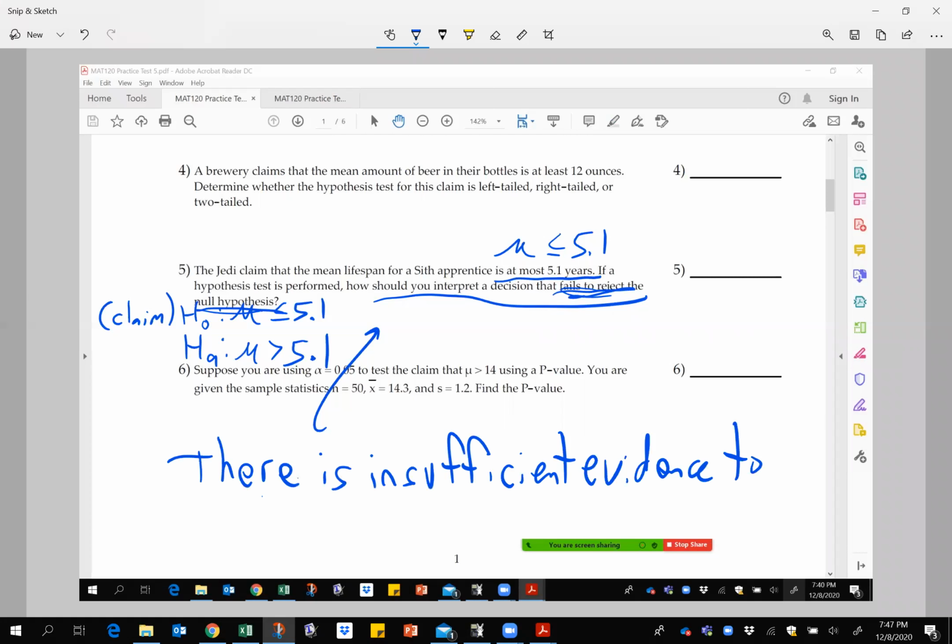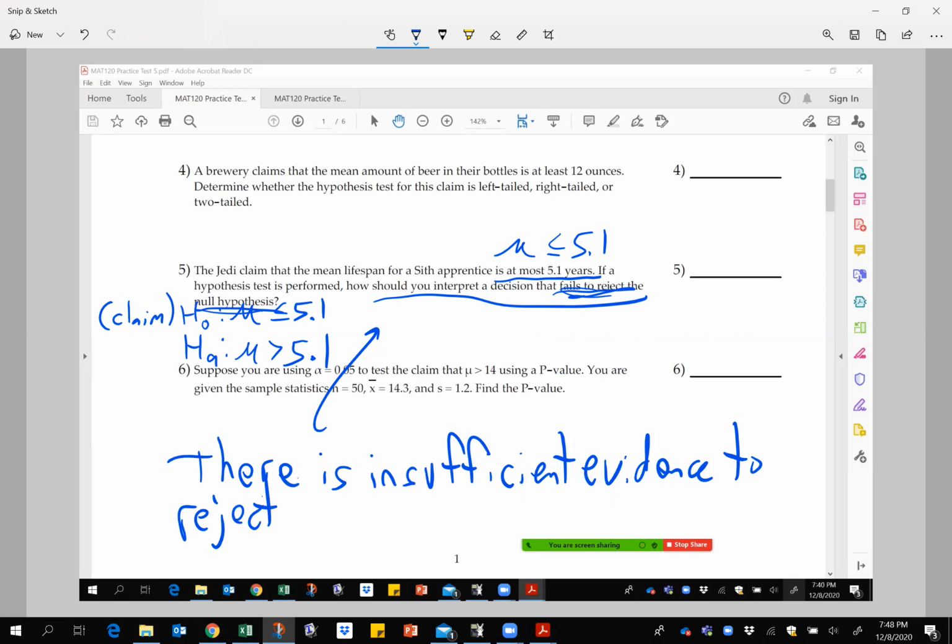And now the second half of our sentence is going to be either to support the claim or to reject the claim. And that part depends upon which of the two hypotheses is the claim. Because the claim is the null hypothesis, the second half of the sentence will go to reject the claim.